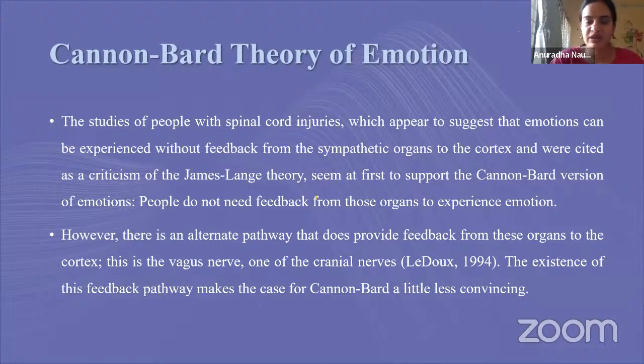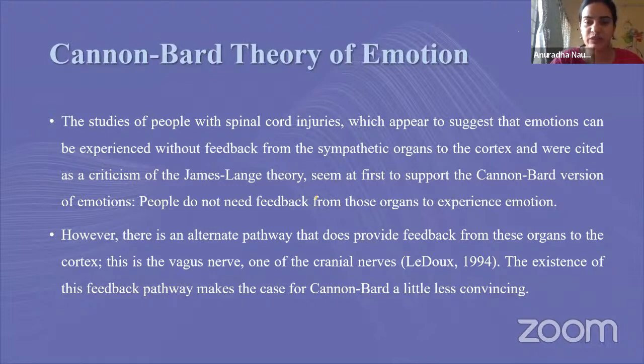If someone has a spinal cord injury, that does not mean that person cannot experience emotion. We can experience emotions even without feedback from certain organs. That's why people with spinal cord injuries can experience emotions without feedback from the organs.